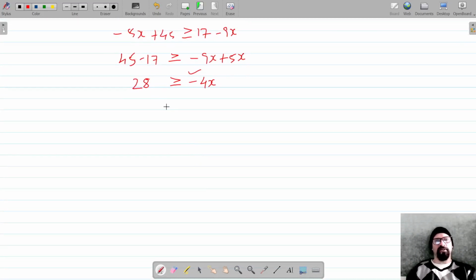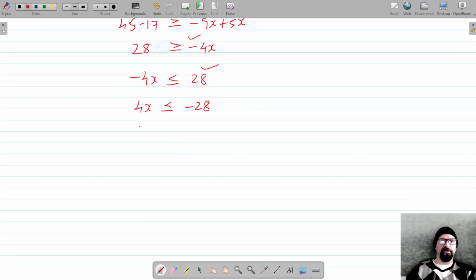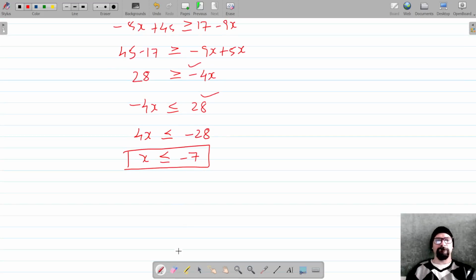Okay, now we have to remove this sign. So if I multiply both sides by negative, I can write this as minus 4x is less than or equal to 28. Wait, I didn't change the sign.